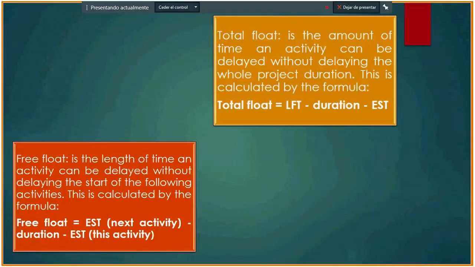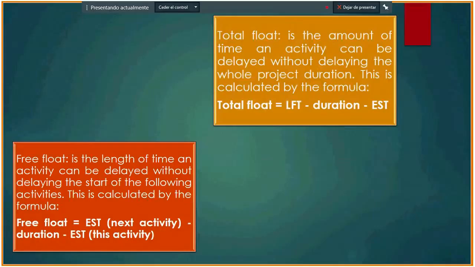In English, what is the meaning of float?